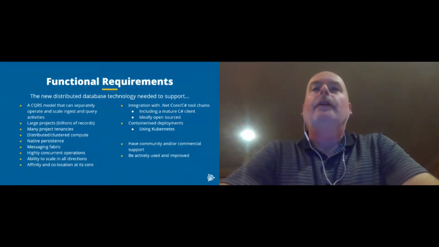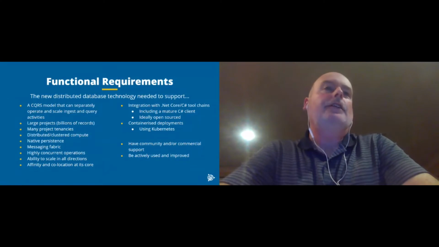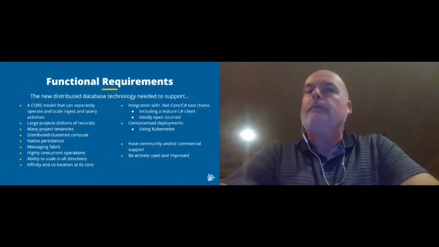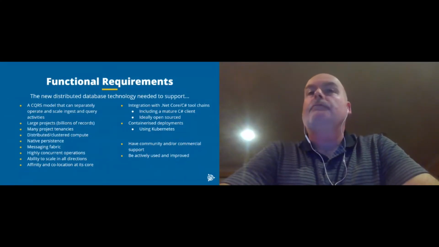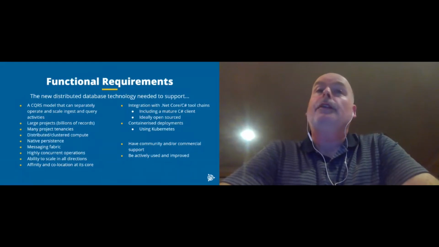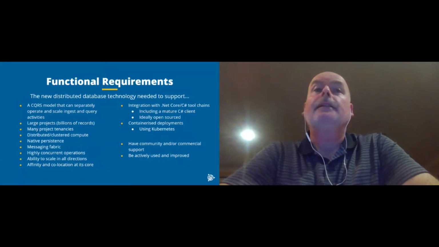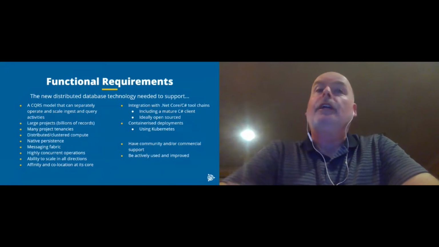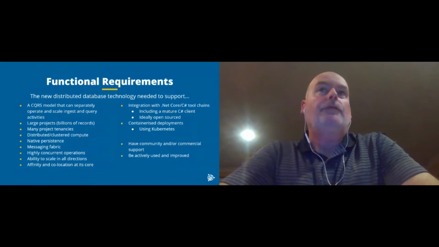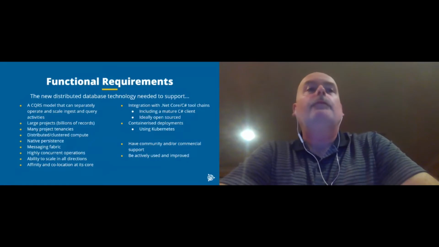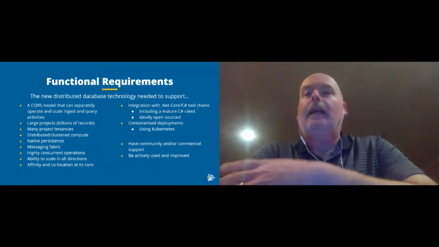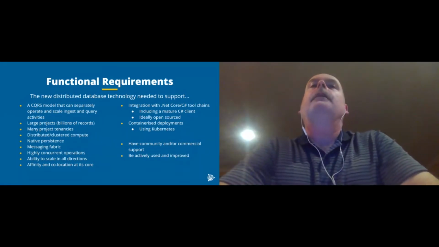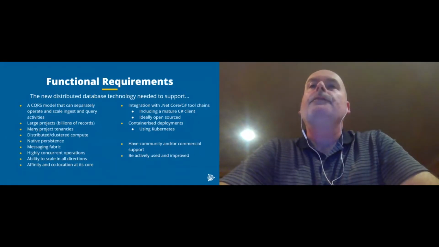And this is a not necessarily exhaustive list of those needs. We had a CQRS architecture. We had projects that could range up to billions of records within our databases. Obviously, there are many projects, and we needed distributed and cluster compute. Persistence was a feature of our previous platform, and we wanted that as well. And all of these other facets were in our set of requirements.